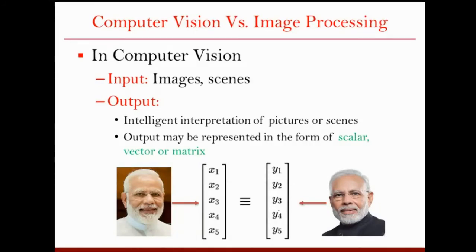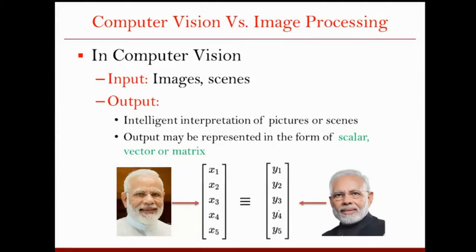When we go deep, we will find that the difference we are going to discuss becomes very small, or sometimes the difference may not be there, or it may be very difficult to find out whether a particular application is an image processing application or a computer vision application. But grossly, based on what we are going to discuss, we can decide whether it's more towards computer vision or more towards image processing.